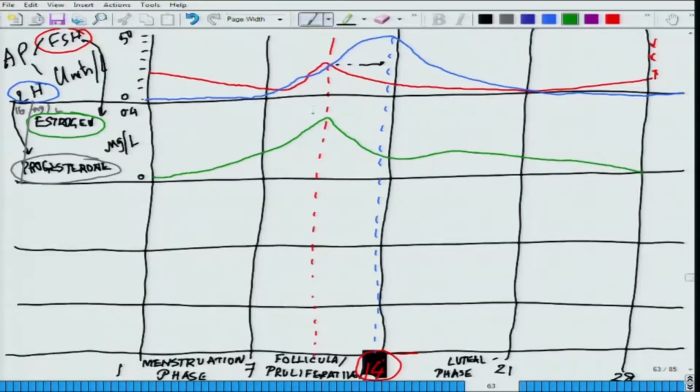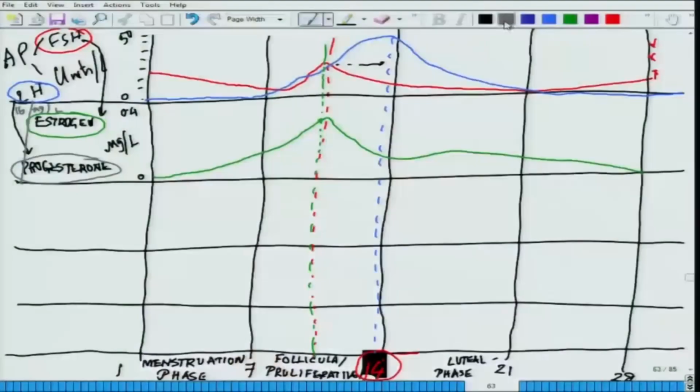Estrogen has almost the same peak as the FSH, because FSH stimulates the secretion of estrogen. That is why you see they are in close sync, FSH leading to the secretion of estradiol or estrogen. What happens next?